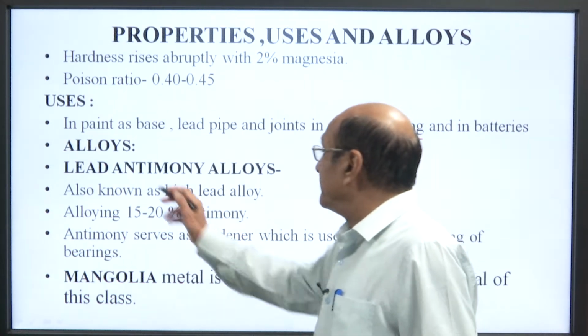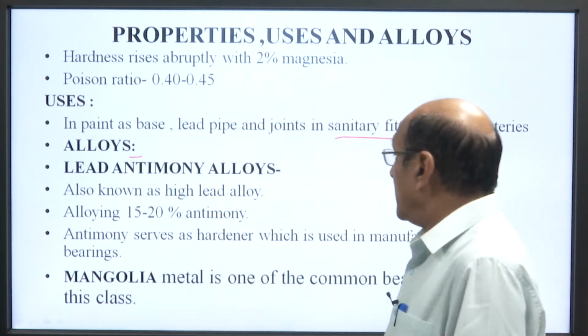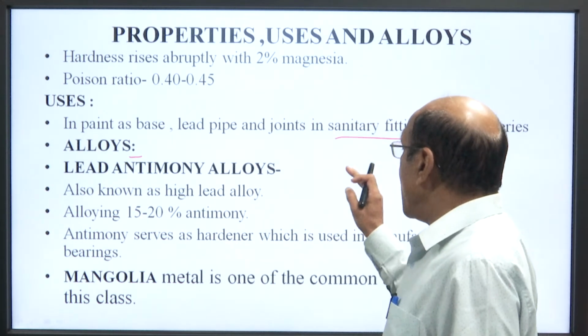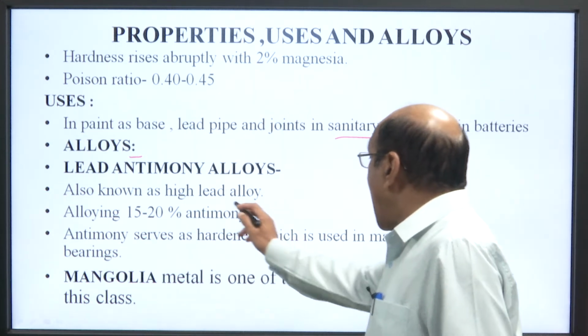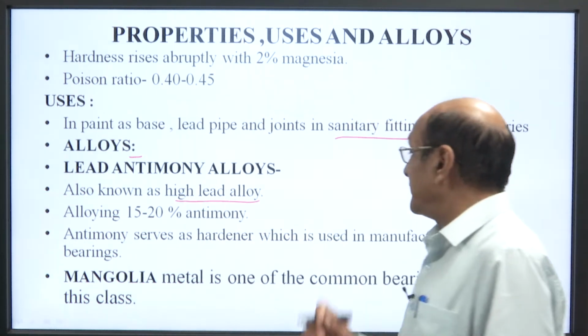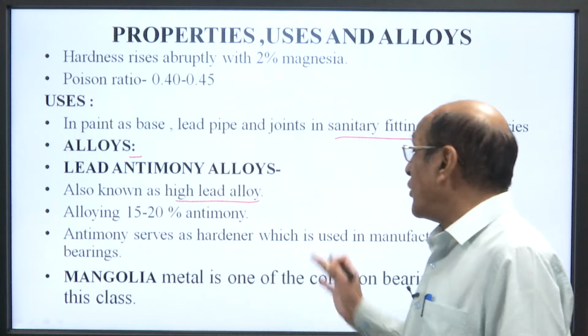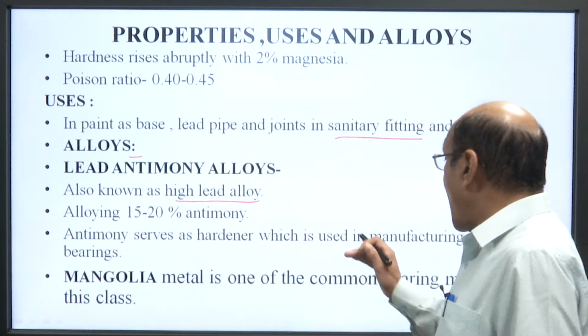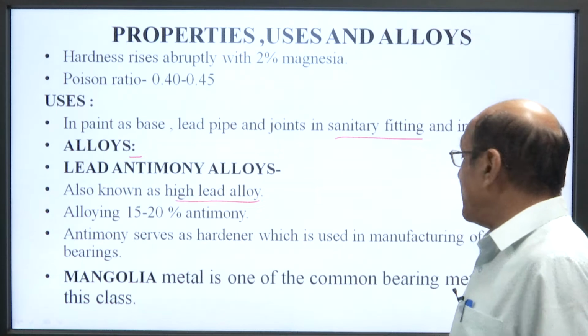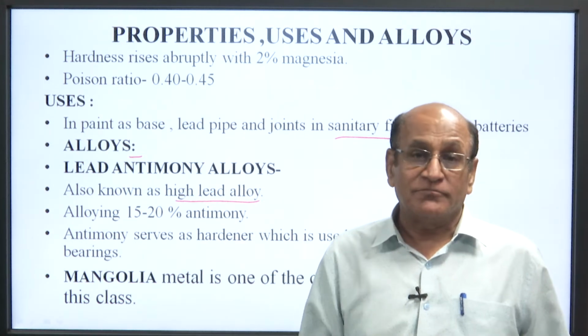Now, alloys. Lead antimony alloys, also known as high lead alloys, contain 15 to 20% antimony. Antimony serves as a hardener and is used in the manufacturing of bearings.